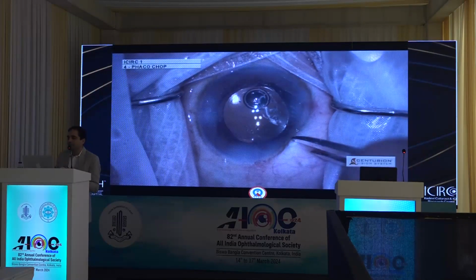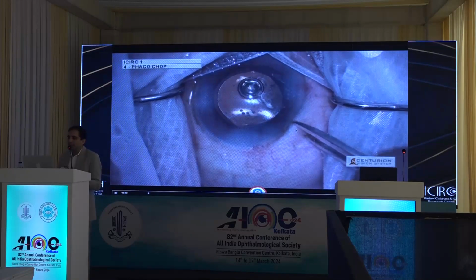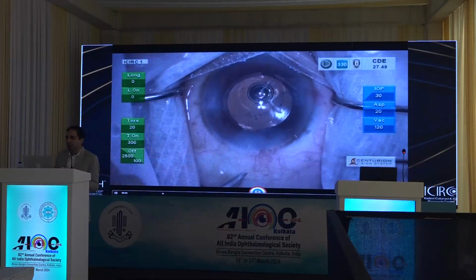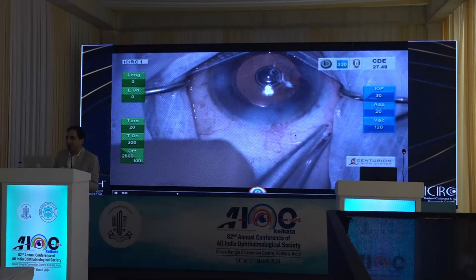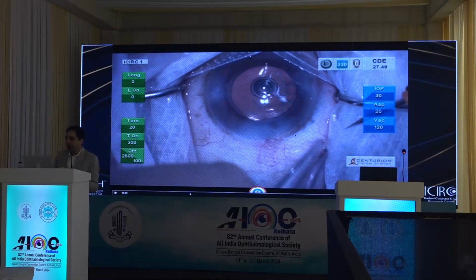Mark it from the limbus, and what we typically like to do is a single plane entry but make two incisions, which means I'm first lifting up the conjunctiva so that my conjunctival entry is different from my scleral entry. So when I bring out my trocar, the two should not coincide, and therefore sealing will be better.